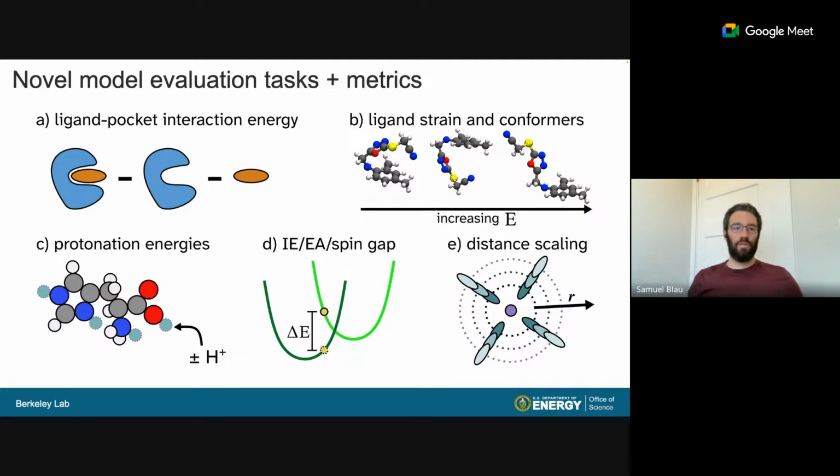And that's essential to oxidation and reduction chemistry, which is particularly important for metal complexes and catalysis and batteries. And then finally, we have distance scaling, where if we increase and decrease the distance between molecules, and then we take a delta between their energies and forces, how well do we recover that?